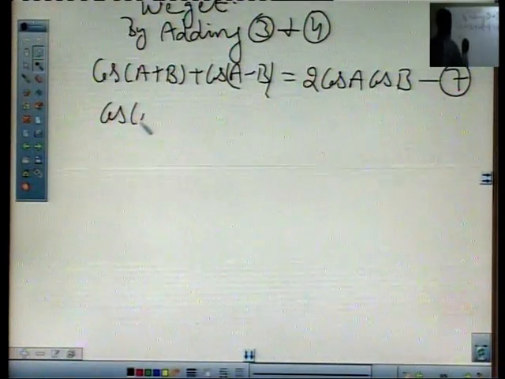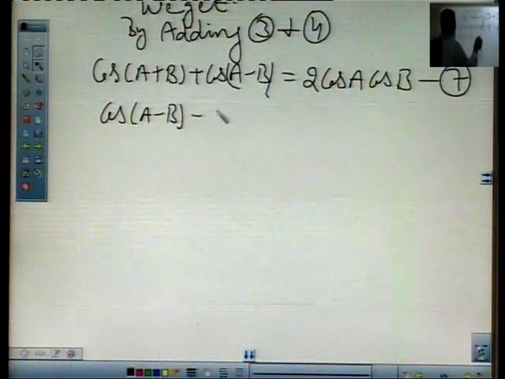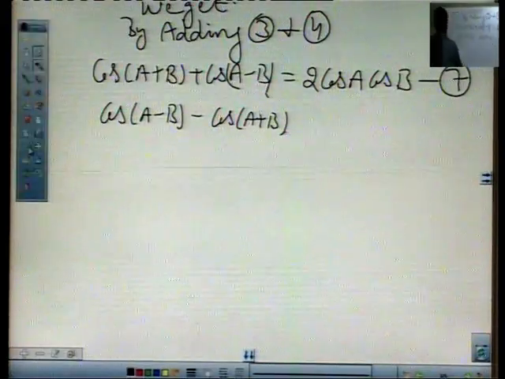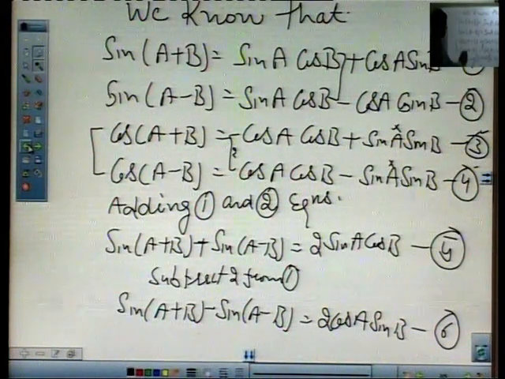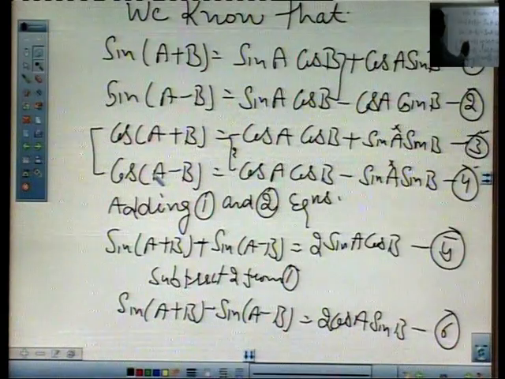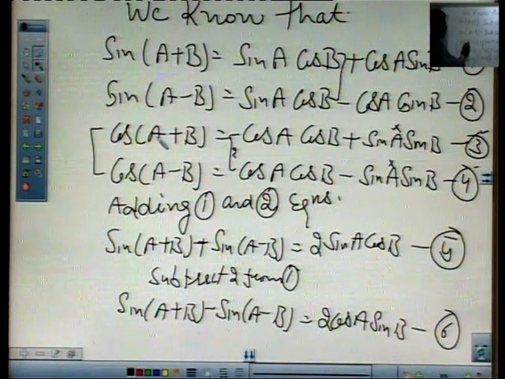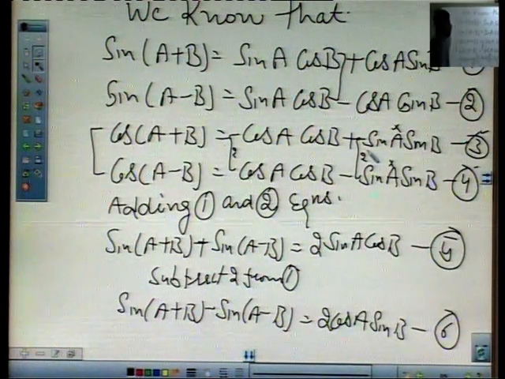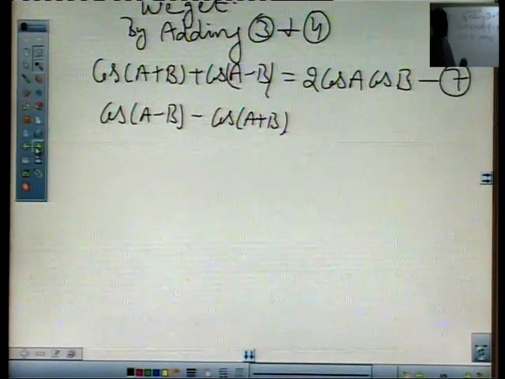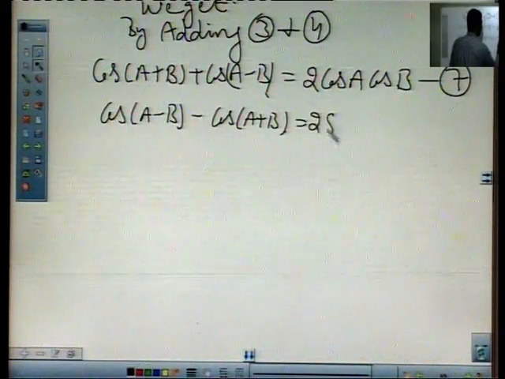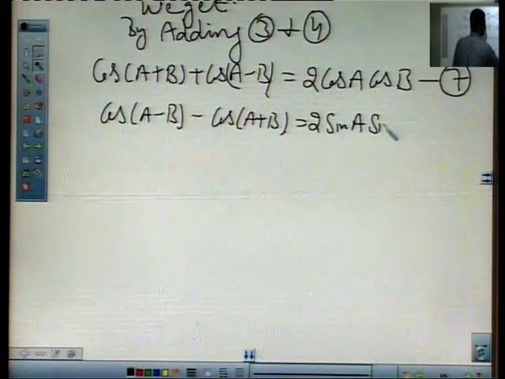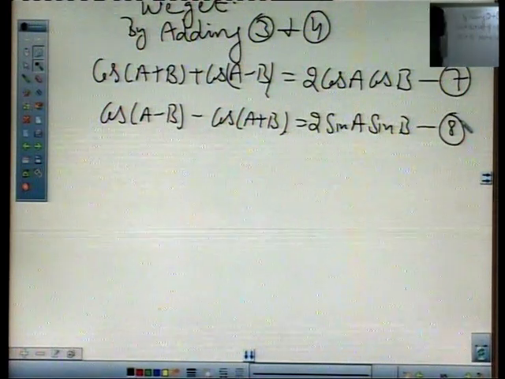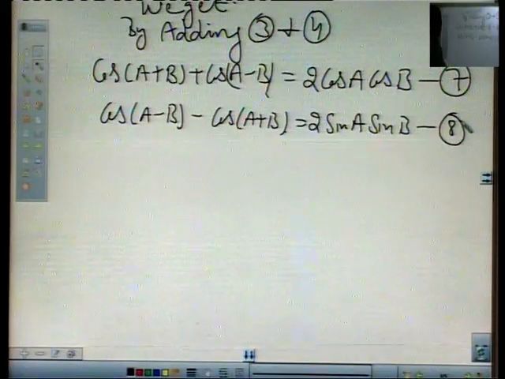Cos of A minus B minus cos of A plus B. You will get only 2 times sin A sin B. Right?